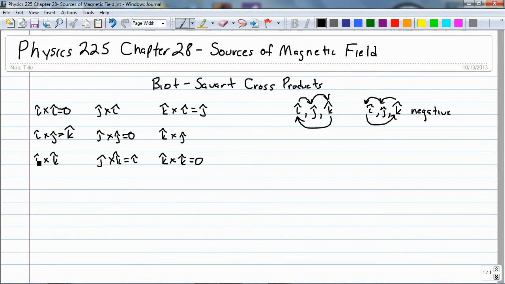So i hat cross k hat is equal to minus j hat. j hat cross i hat is equal to minus k hat. And k hat cross j hat is equal to minus i hat. So these are all of the terms that you will need to know for combinations of the unit vectors.